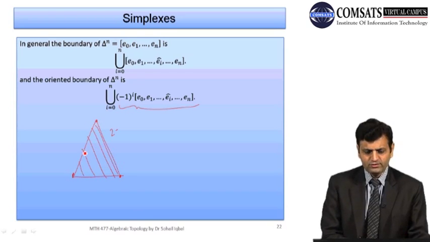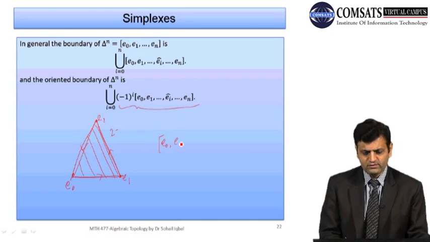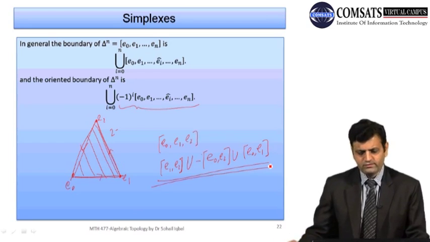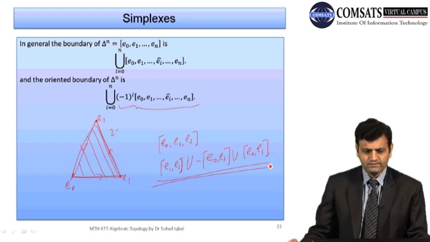The boundary is going to be the union of this oriented face, this oriented face, and this oriented face. If these are E0, E1, E2, then after deleting, it becomes [E1, E2] union minus [E0, E2] union [E0, E1]. So this is the oriented boundary of this oriented two-simplex.